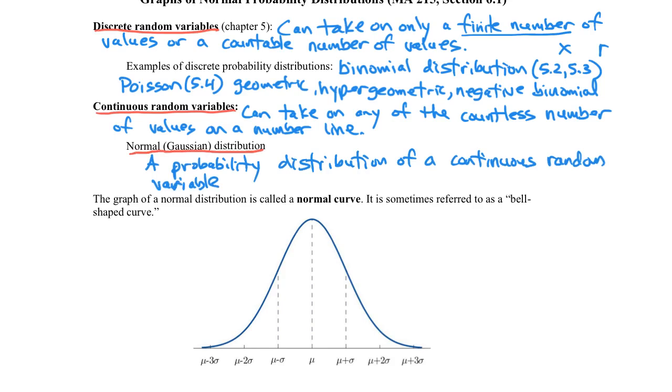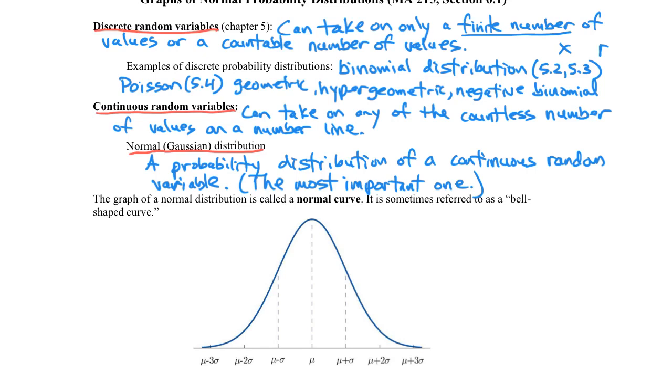But it's not just any one, it is the most important one. It is used everywhere. You'll see the normal distribution all over the place. It can be used for anything from estimating the lifetime of a light bulb to the height of human beings. It's just all over the place.